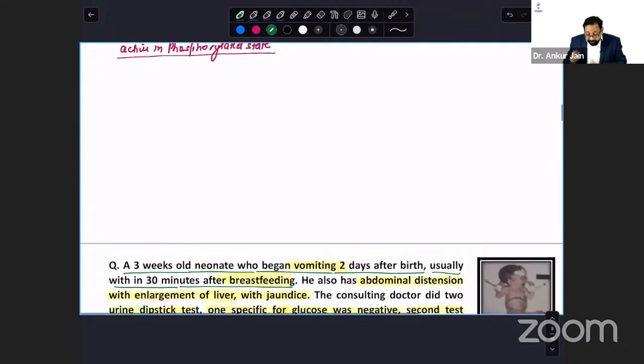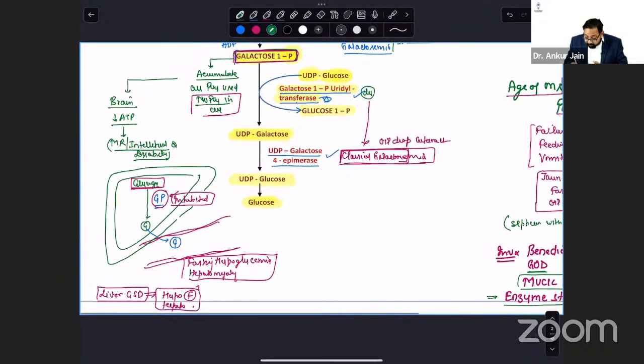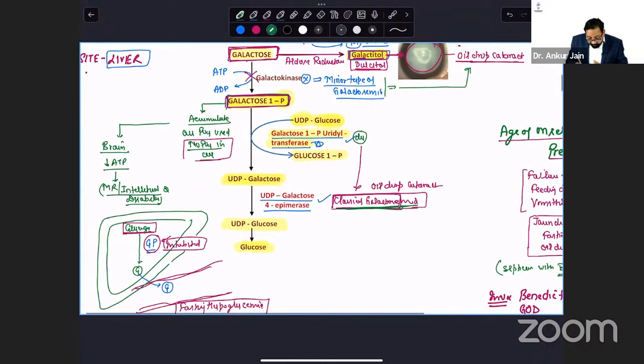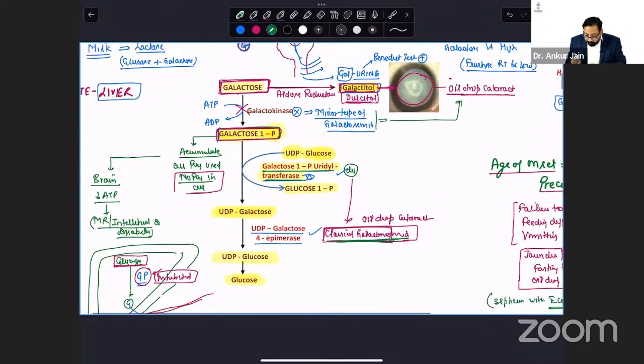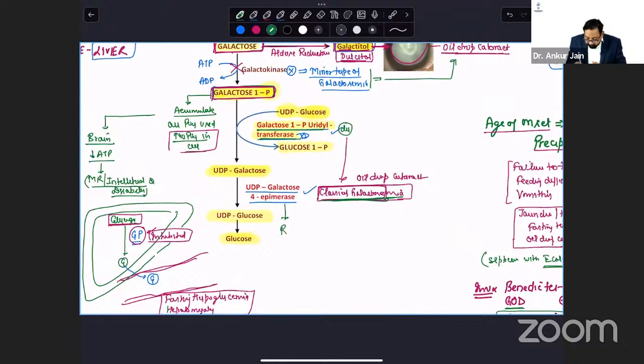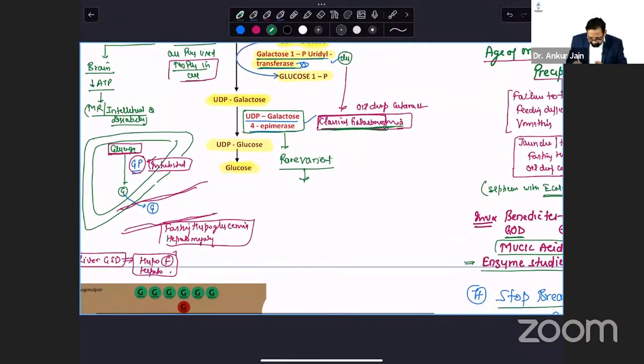I have discussed till now classical galactosemia due to galactose 1 phosphate uridyl transferase deficiency. The minor type, a rare variant, is when UDP galactose 4 epimerase is deficient, and this is benign, with variable presentation.